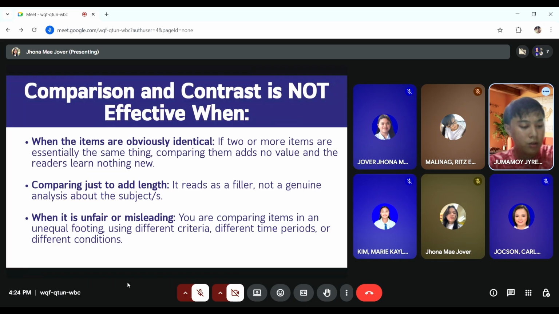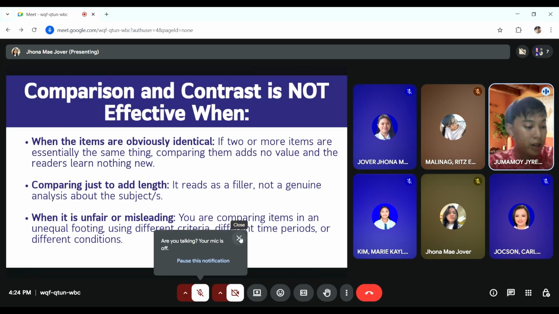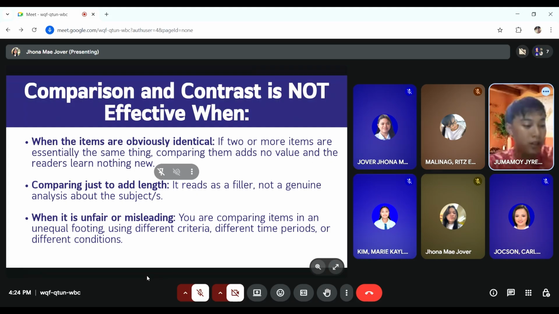It fails. Why does it fail? It reads as filler, not genuine analysis. The instructor or the professor might think, "You clearly added this to reach the page count."